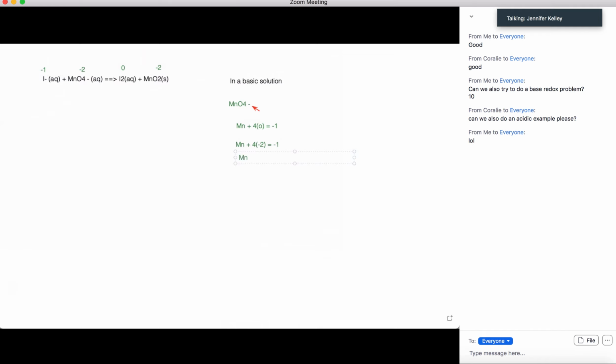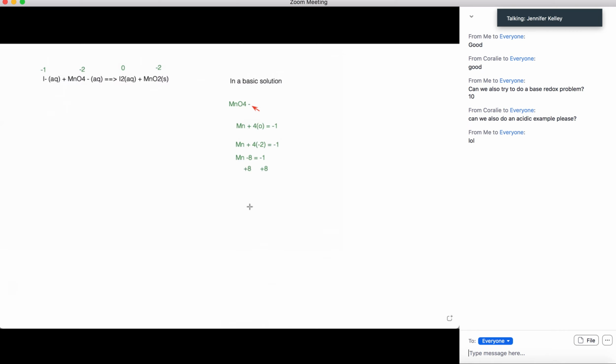Okay, manganese -8 equals -1. That looks prettier. All right, we're going to add 8 to both sides. Okay.